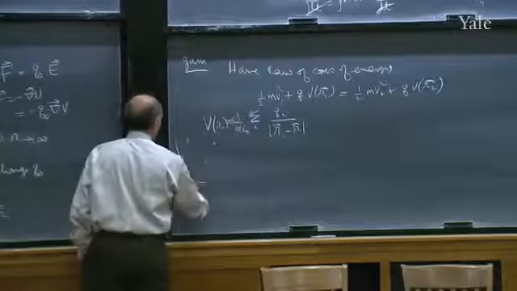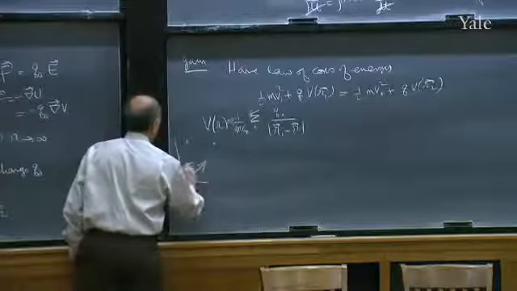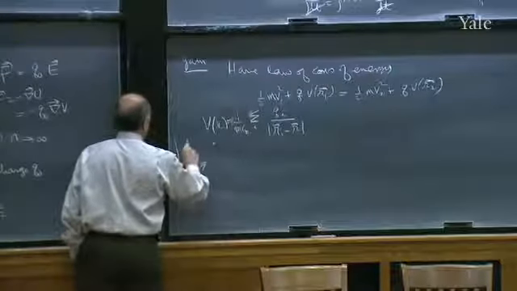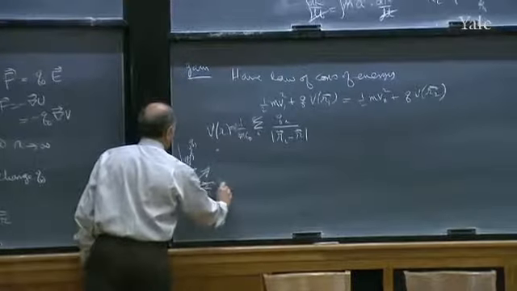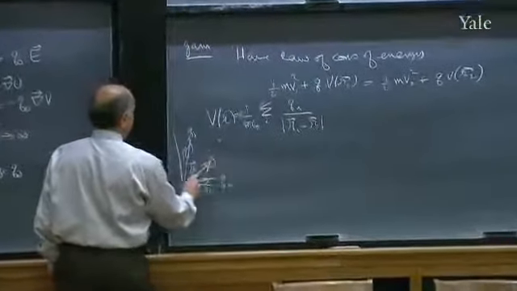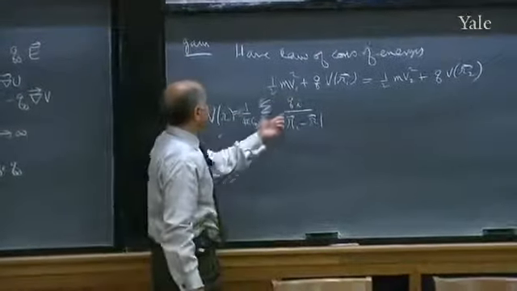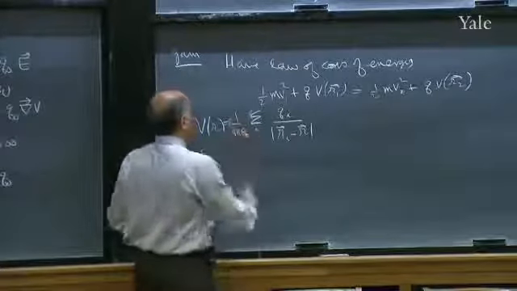In other words, this is where I want the potential, R. This is R1, and Q1 is sitting there. This is R2, and Q2 is sitting there, and so on. The potential at the point I'm interested in is obtained by taking each Q divided by the distance from that point, with the usual 1 over 4 pi epsilon 0.